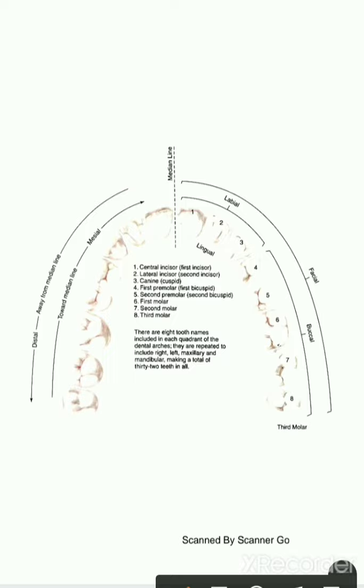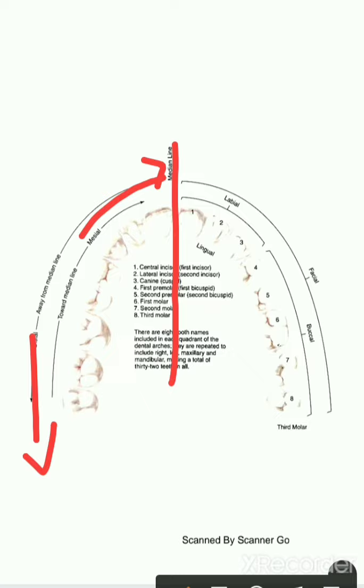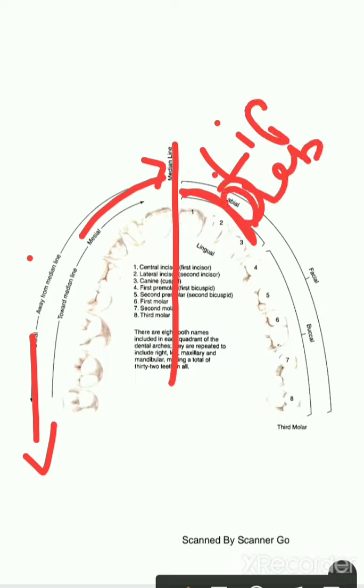So this is the midline. The surface close to the midline is the mesial surface, and the one away from it is the distal surface. The surface facing the lip, the labium, is the labial surface, and the surface facing the cheek is the buccal surface.